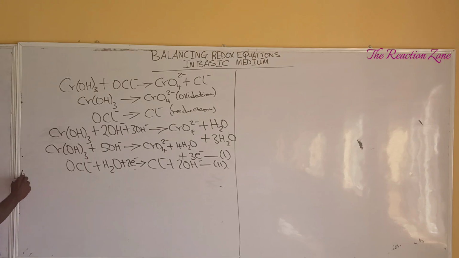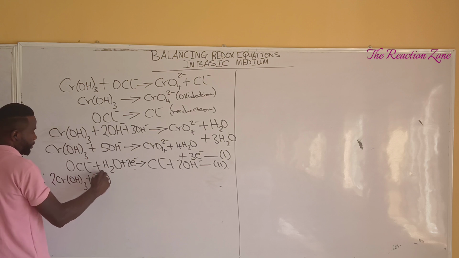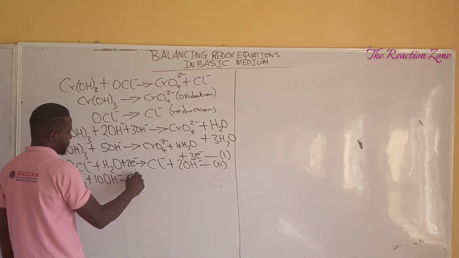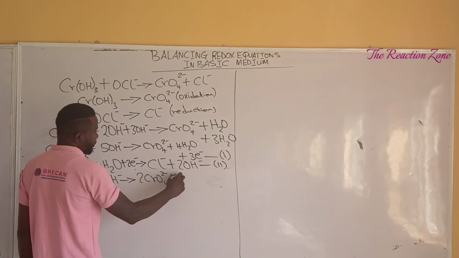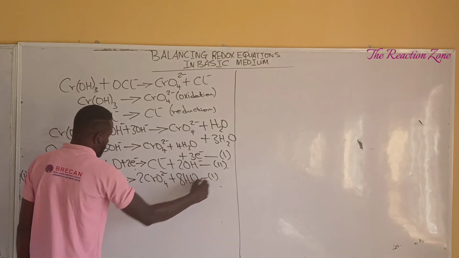So, equation 1 by 2 is going to give 2Cr(OH)₃ plus 10 OH⁻ will give us 2CrO₄²⁻ plus 8H₂O. So this becomes our equation 1.